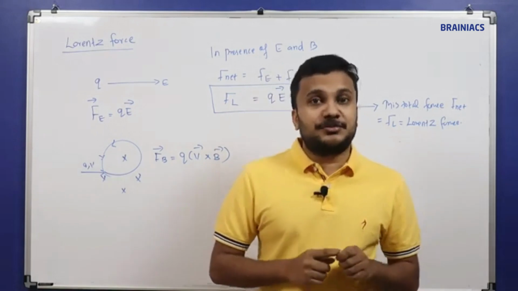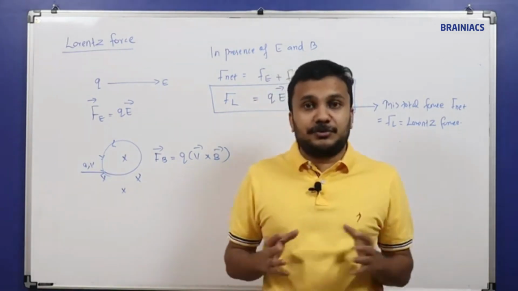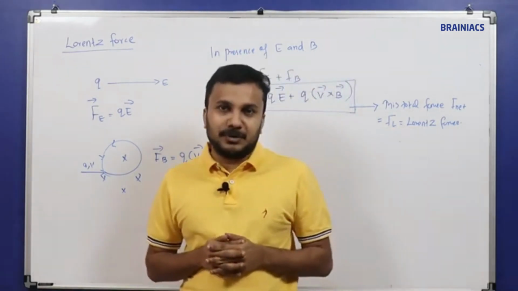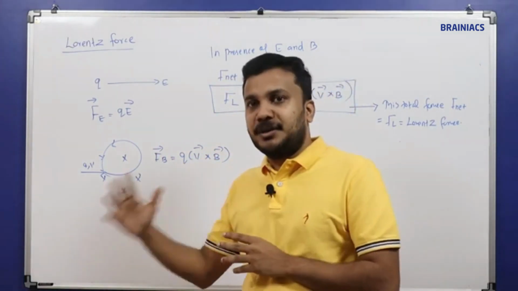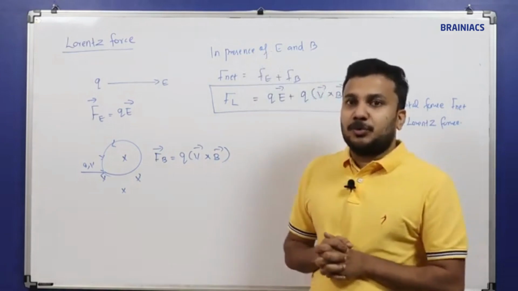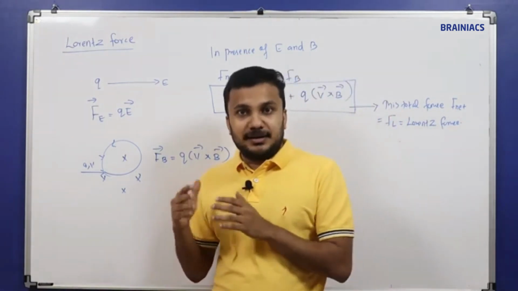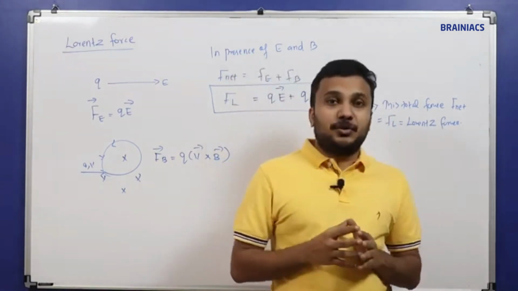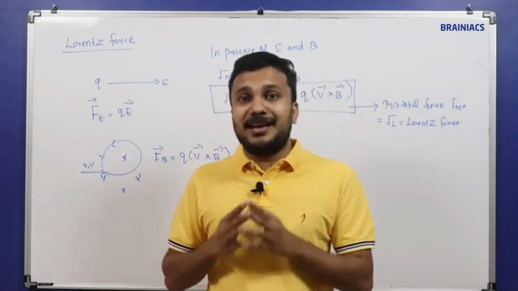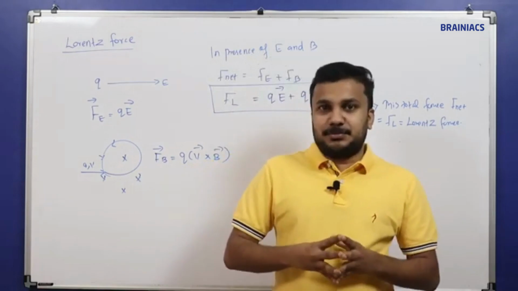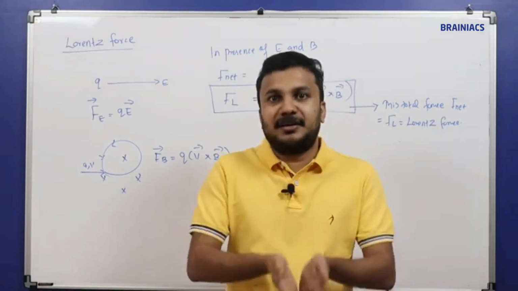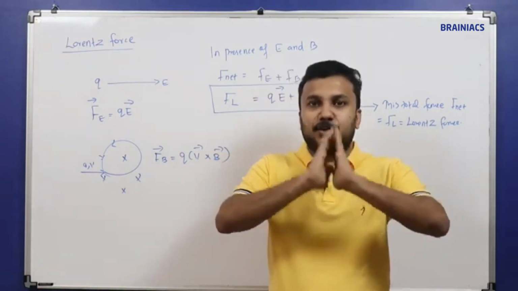Based upon the Lorentz force, a lot of questions will be coming. There are already a lot of questions asked both for the engineering side and for the medical side. What we are going to deal with from here onwards is different cases. We have seen charged particles entering along the direction of the magnetic field, no force.